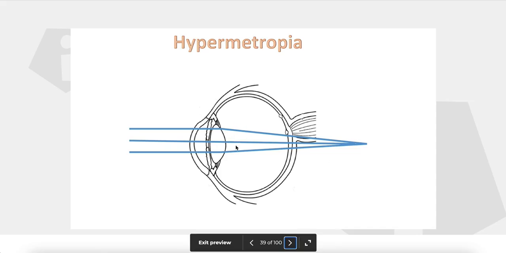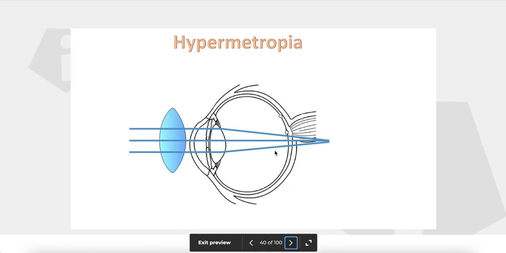So for hypermetropia, they have a weak refractive system and the focus tends to be behind the eye. When we use a plus lens, the focus moves forward, because it converges the light rays, moving the focus from behind toward the eye.